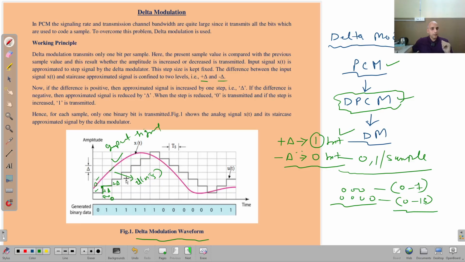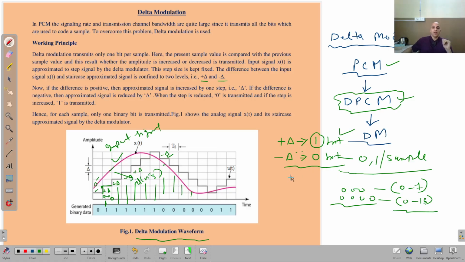So in this way all these plus deltas are added, and plus delta means we are getting 1 here. Now you can say it is higher than this, it means now we are taking a negative delta. Step is reduced. So we have a 0, 0, 0.